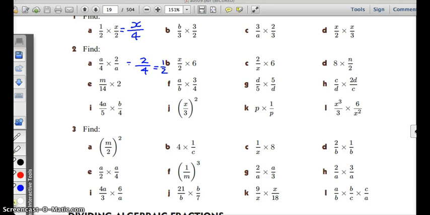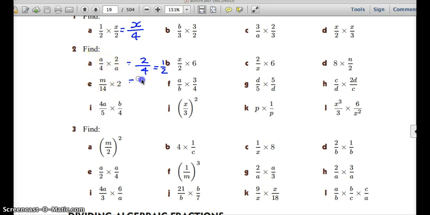Remember what I said before, that we did 1 times x? Could we not do that? Yeah, and what would that leave us with? 2a. Good stuff, Harry. What's on the bottom line, Harry? 4a.